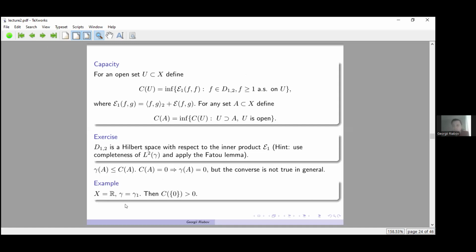Okay, the simplest example of such a set: it turns out that in the one-dimensional case, where gamma is the standard Gaussian measure, the capacity of a point is not zero. So note that the measure of a point is zero, yes, but the capacity is not.